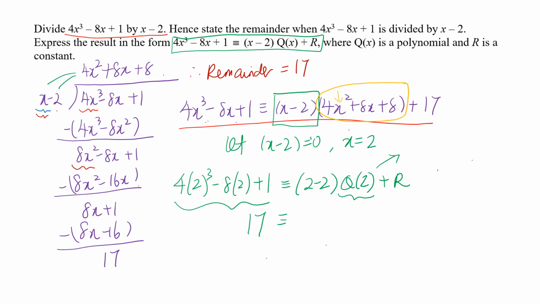It does not mean q times 2. If I represent 4x squared plus 8x plus 8 as q bracket x, then q bracket 2 means I'm just going to substitute my x with this number 2.